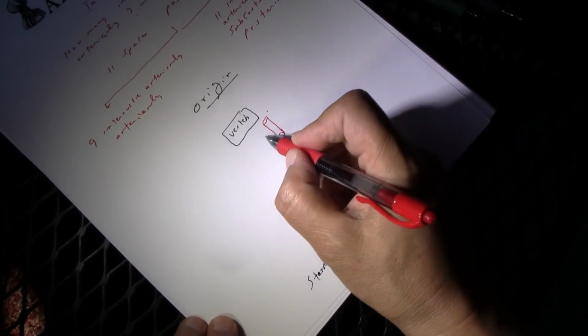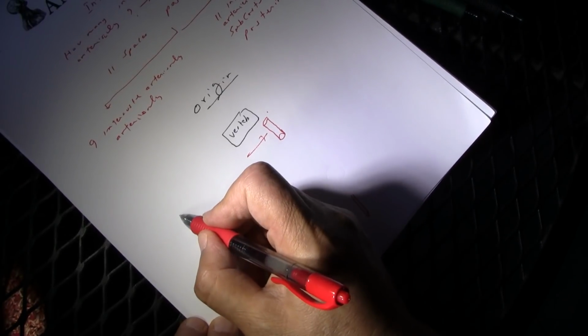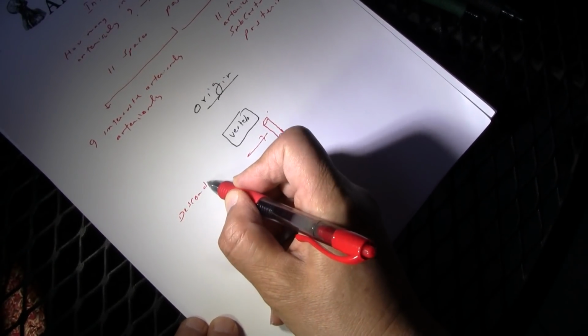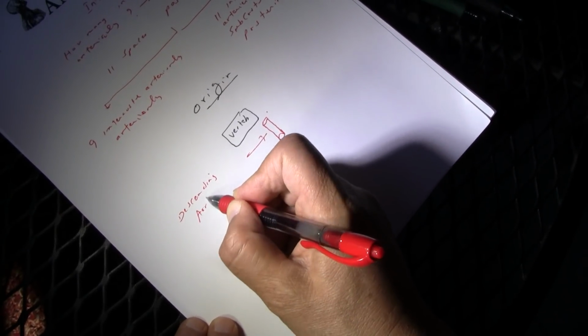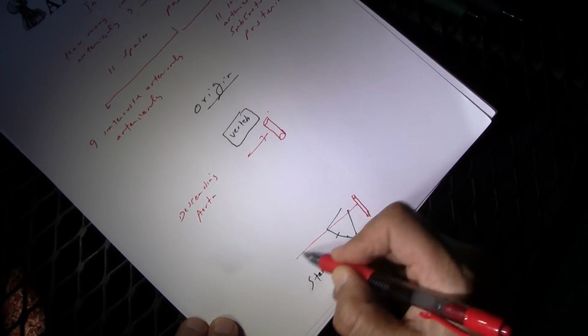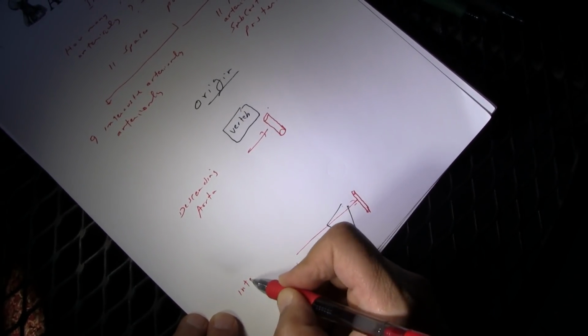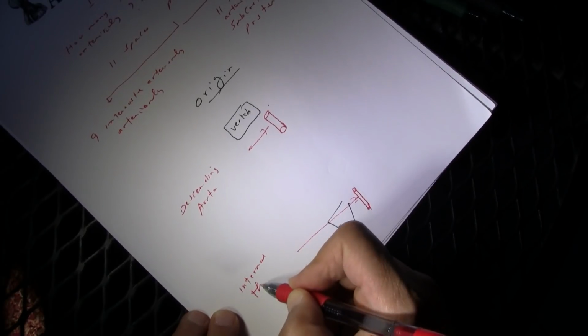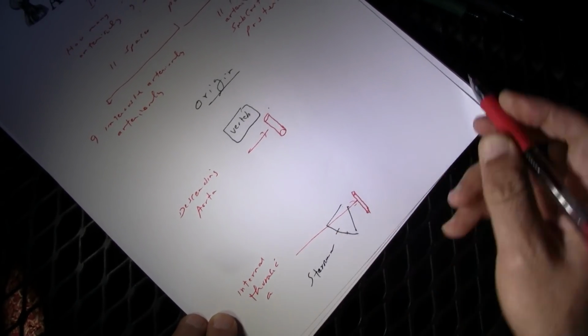So from behind, you have the descending aorta. From anterior, you have the internal thoracic artery.